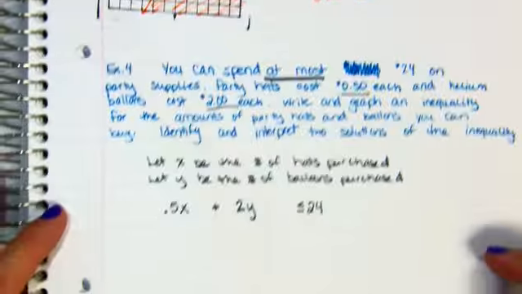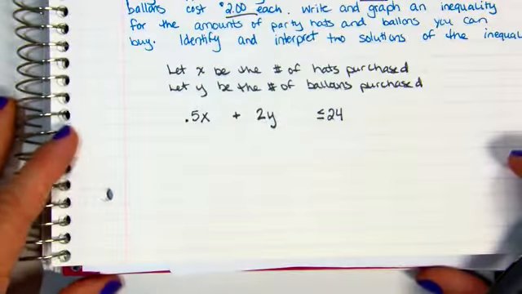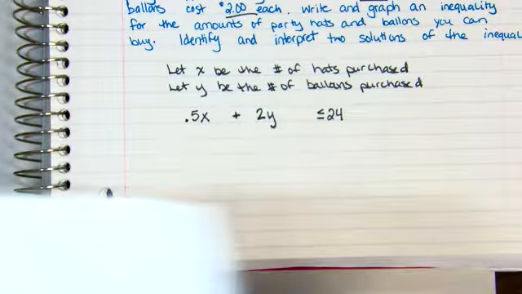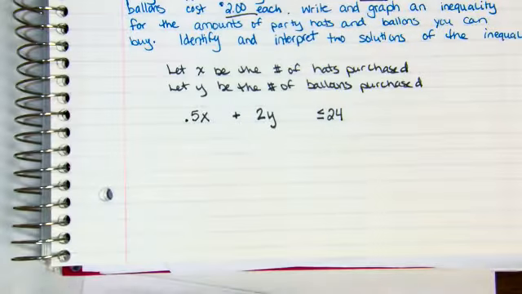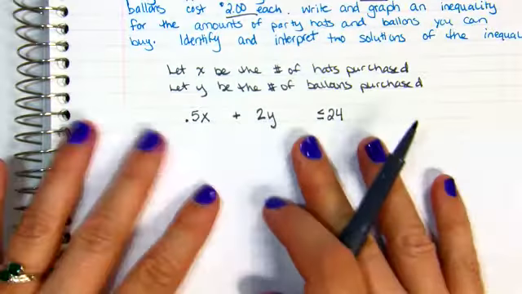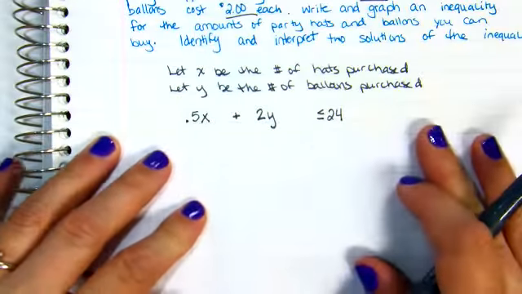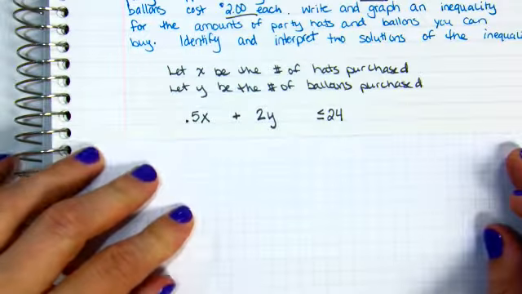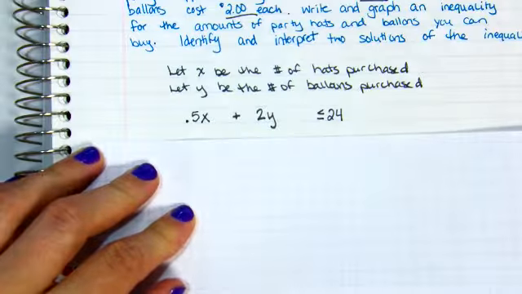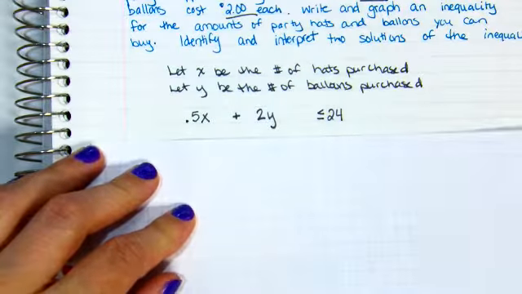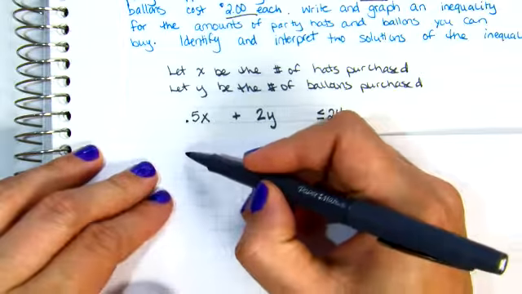Now I need to actually draw the graph for this, and I want to be logical about it. I can't buy a negative number of hats, and I can't buy a negative number of balloons, so I don't need negative numbers on my graph. I just need positive axes.